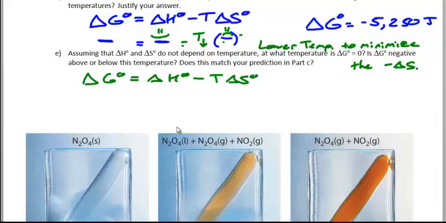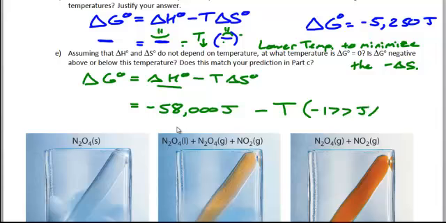The constant ones would be the enthalpy change, delta H, which we know is negative 58,000 joules. The temperature is variable, so that's going to be our unknown here. And the entropy change, that is also a constant, negative 177 joules per Kelvin.